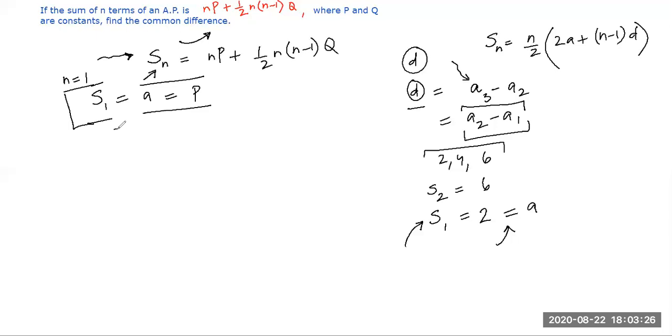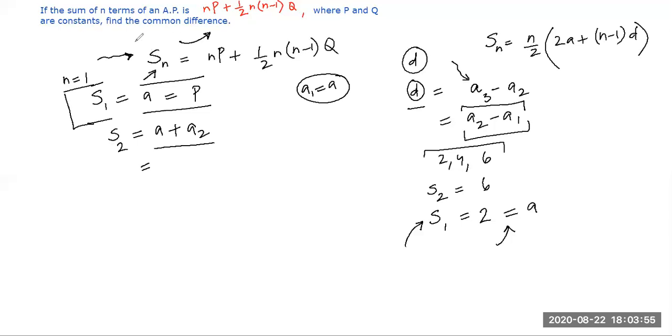Now, what will be the sum of two terms? The sum of two terms means a1 plus a2, or simply you can write a plus a2. That will do, because we have always assumed that a1 is a. So what will be S2?